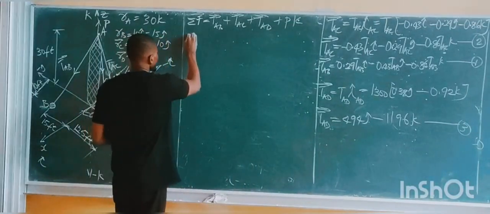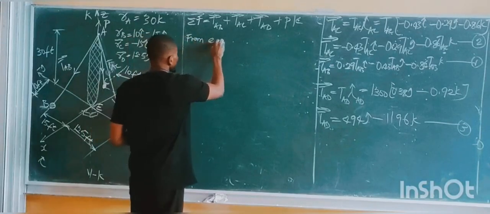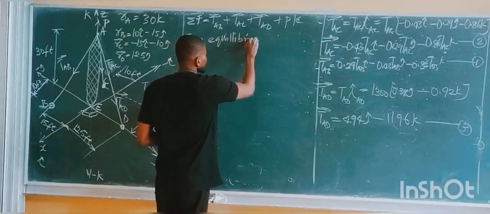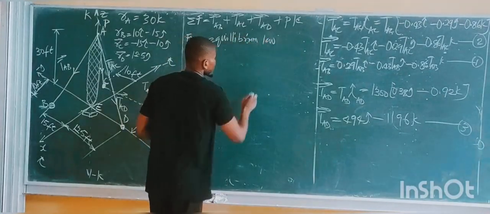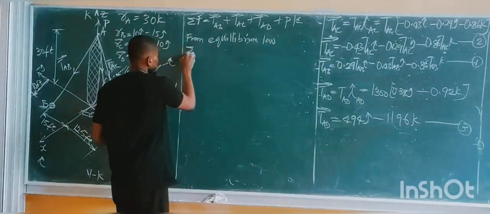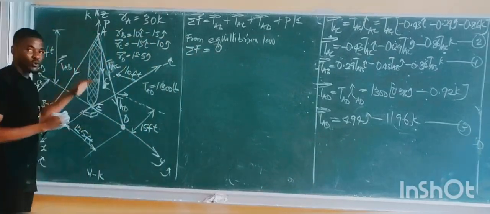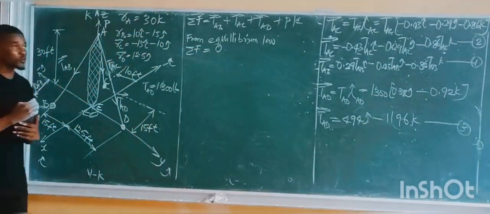Now, from the equilibrium law, the summation of this force is equal to 0. For the whole system to be in equilibrium, the sum of the entire force will be equal to 0.